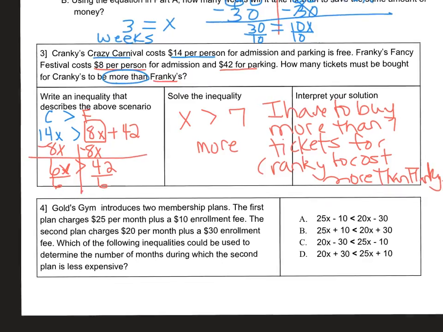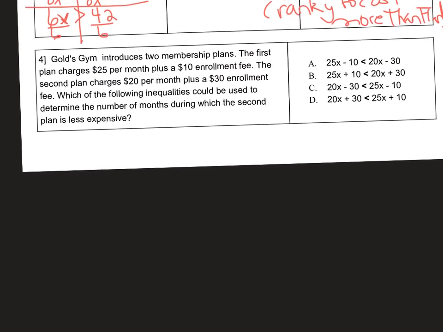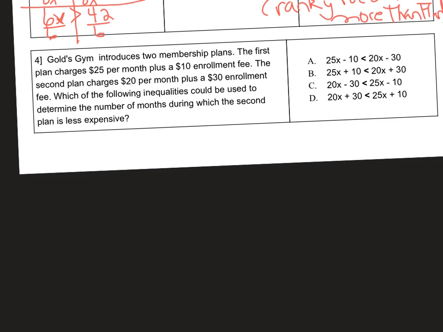All right, final one. Here we're looking at 2 gyms, and all you need to do is identify the correct inequality. Goals Gym is introducing 2 membership plans. The first plan is going to charge $25 per month plus a $10 enrollment fee. The second plan is $20 a month and a $30 enrollment fee.